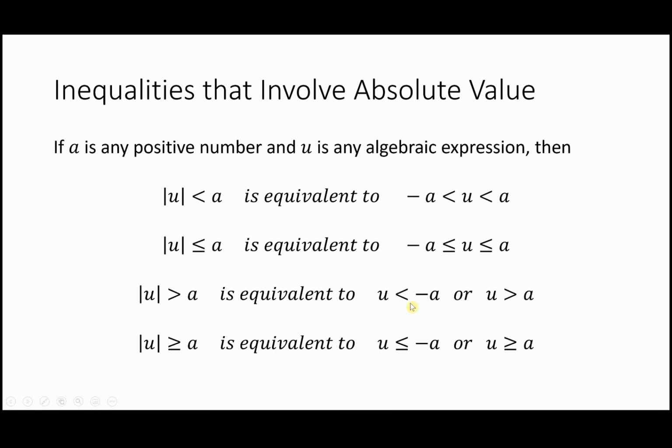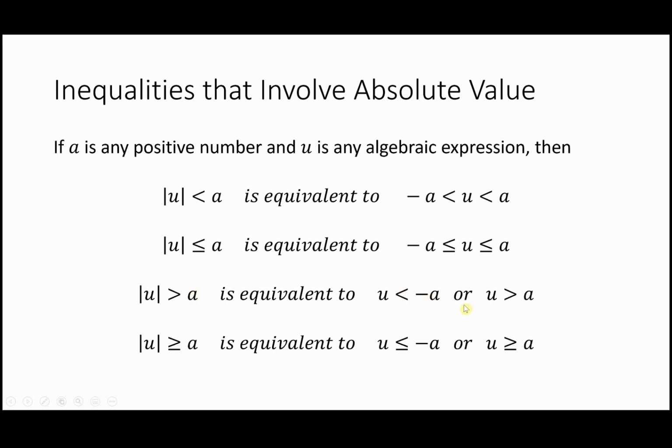Anyway, what is the structure by which you separate the two cases? Well, your first case is going to be taking that u value, whatever's inside the absolute value bars, and setting it less than the opposite of your original value A. That's case one, or one of the cases.